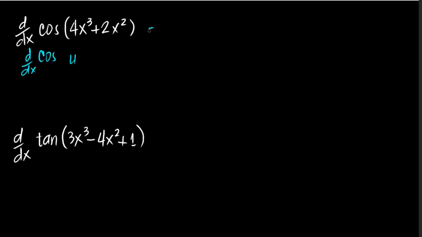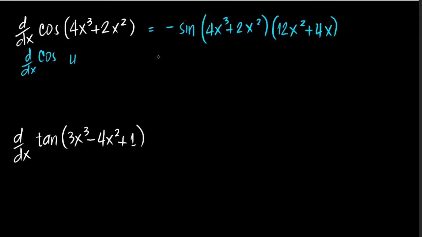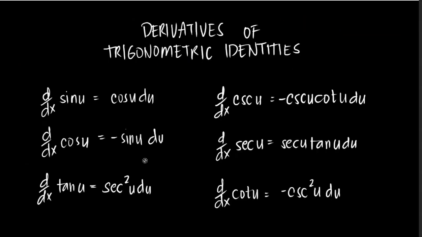So the derivative is negative sine 4x cubed plus 2x squared, and then derive u. The derivative of the function is 12x squared plus 4x. That's negative sine u du. That's the answer.